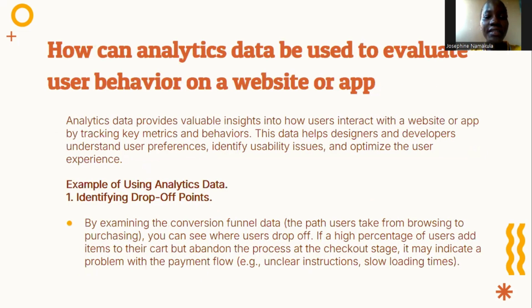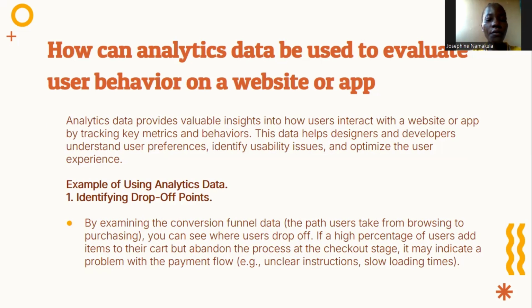So how can analytics data be used to evaluate user behavior data on a website or app? Analytics data provides valuable insights into how users interact with a website or app by tracking key metrics and behaviors. This data helps designers and developers understand user preferences, identify usability issues, and optimize the user experience. Examples of using analytics data: one is identifying drop-off points.